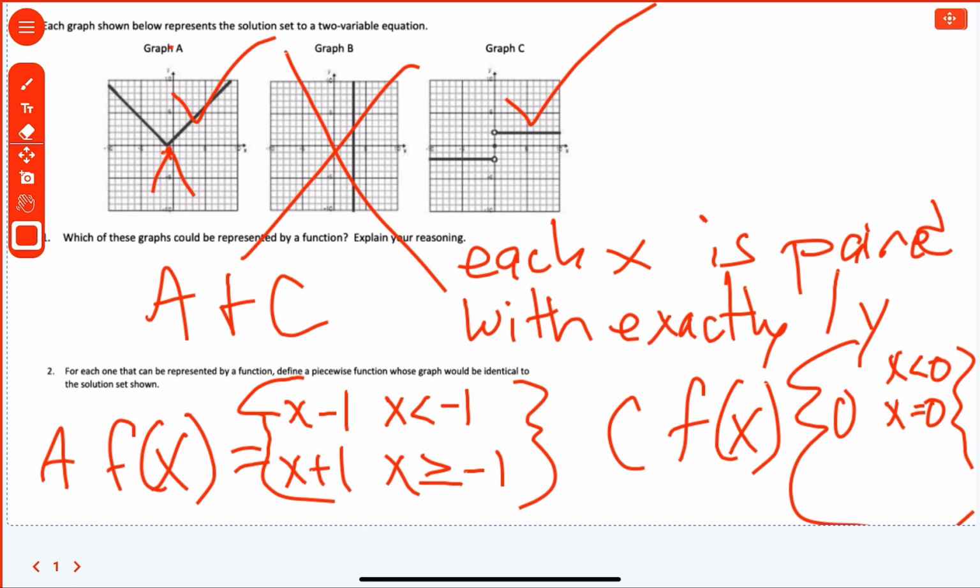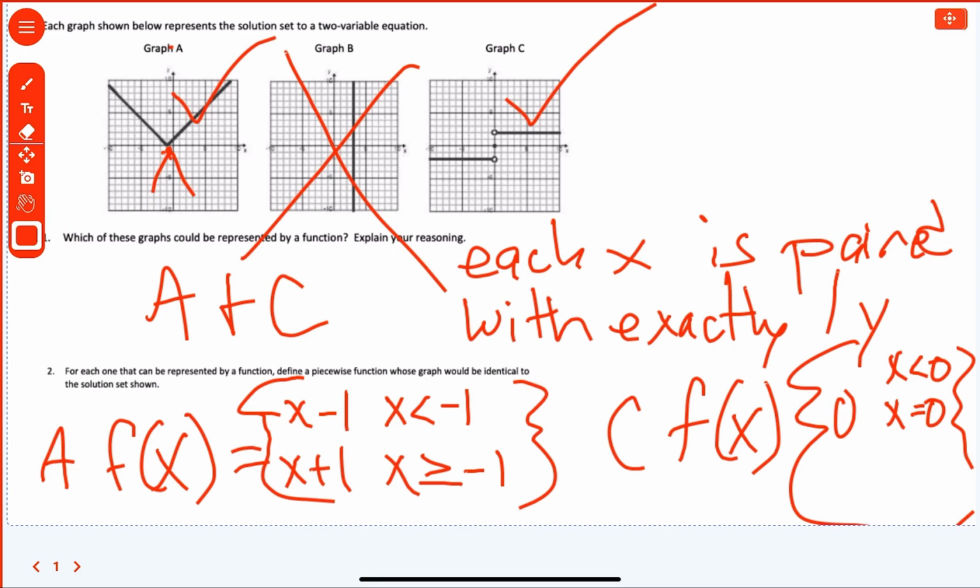Guys, on the graph, look at the graph. When x is less than 0, what is y? Is everybody looking at graph C?